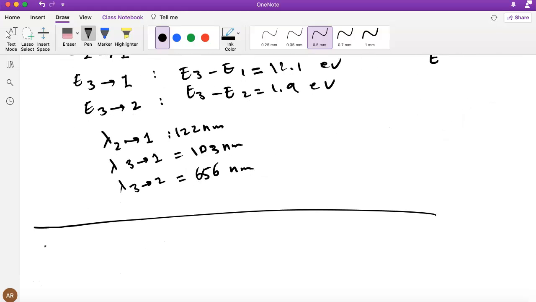So let's move on to a new topic that turns out to be kind of related to this. So we're talking about statistical mechanics in chapter 9.